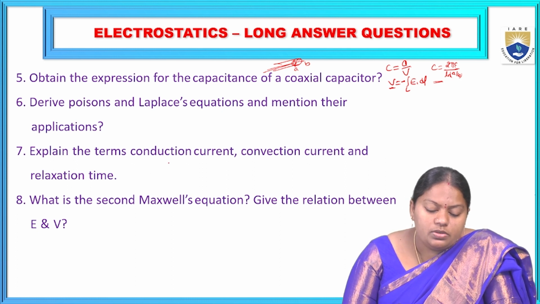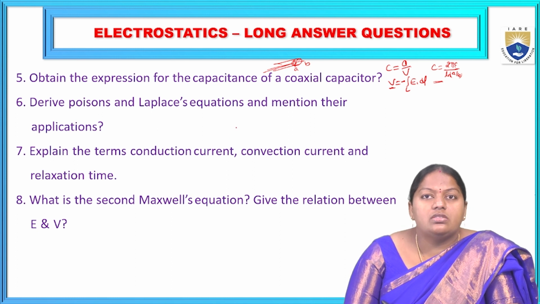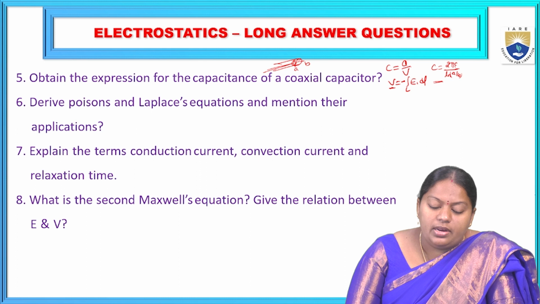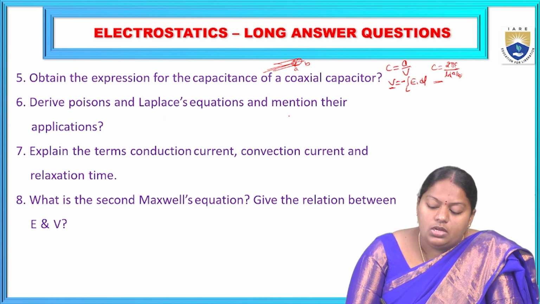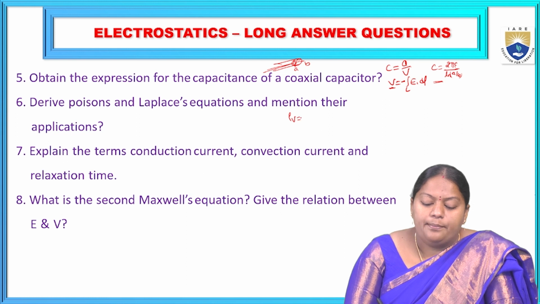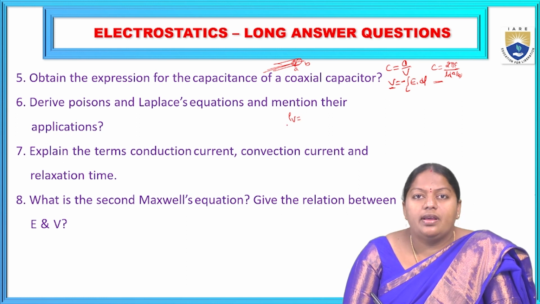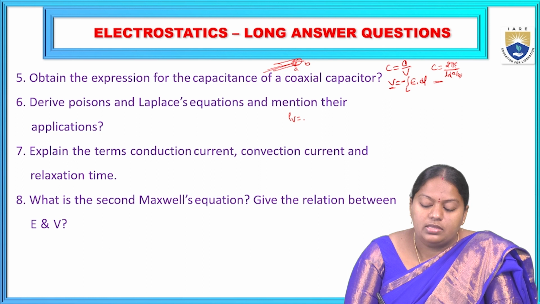Now derive Poisson's and Laplace's equations and mention their applications. In order to derive them, we need one of Maxwell's equations for electrostatic fields using Gauss law: rho v equal to del dot D bar.